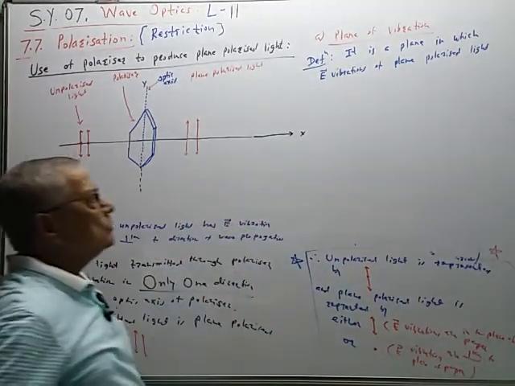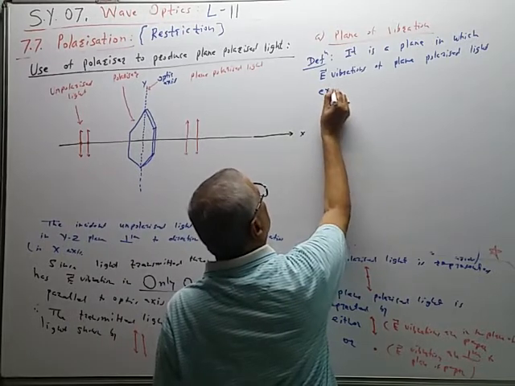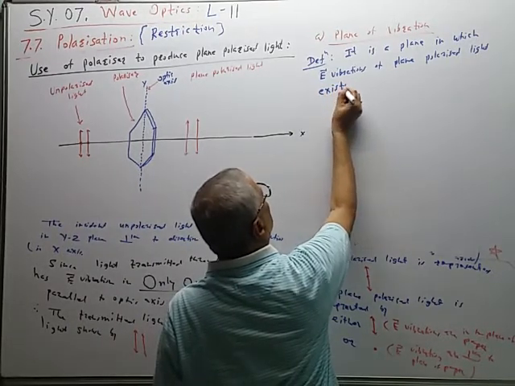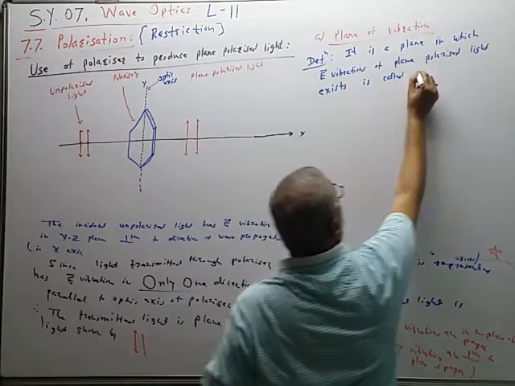It is a plane in which E vibrations of the plane polarized light exist. It is called the plane of vibration.